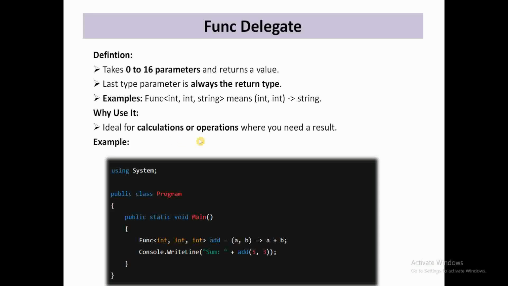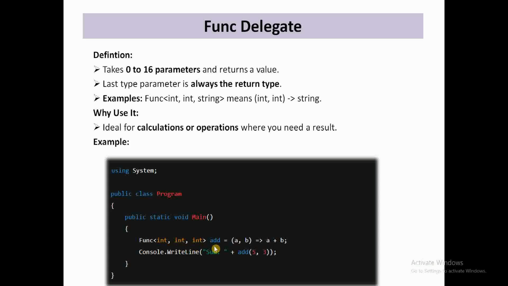Ideal for calculations or operations where you need a result. If we have any particular calculations, if we want to display any data and return any data through that particular delegate, then we can go with this approach, that is Func delegate.